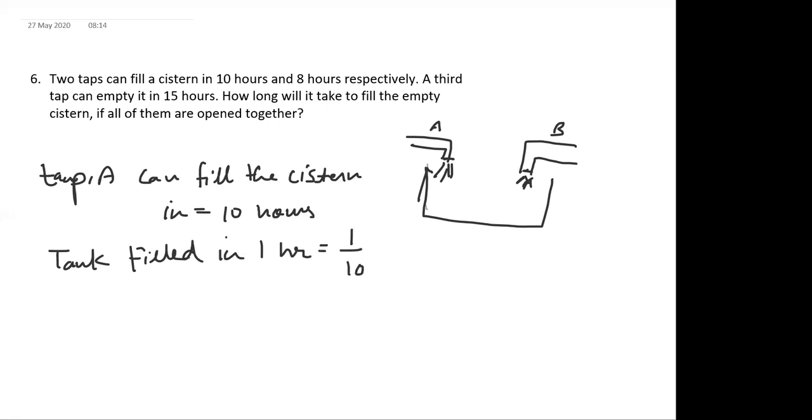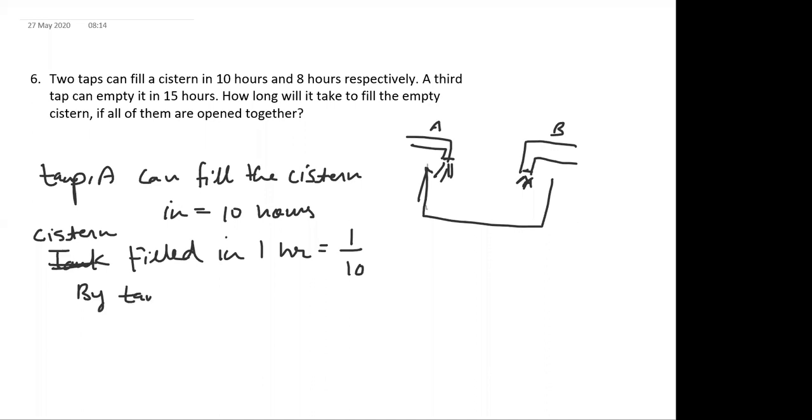So in 1 hour, 1 upon 10 of the tank can be filled with tap A. Or don't write tank, write cistern, because in this question cistern is given. So cistern filled in 1 hour is equal to 1 upon 10 by tap A.